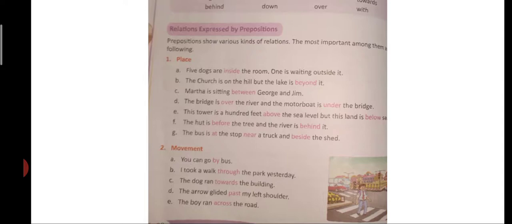I took a walk through the park. The dog ran towards the building. The arrow glided past by my left shoulder. The boy ran across the road. Here, all the pink words are prepositions of movement.